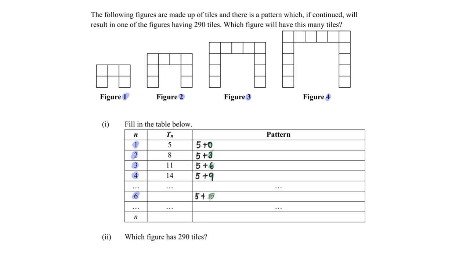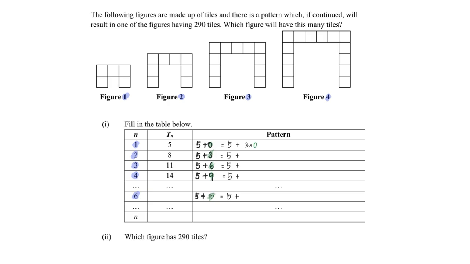Okay? So the next iteration, you will see the 5 is always the constant. And we always add something. And instead of writing 0, I'm going to write it as 3 times 0.